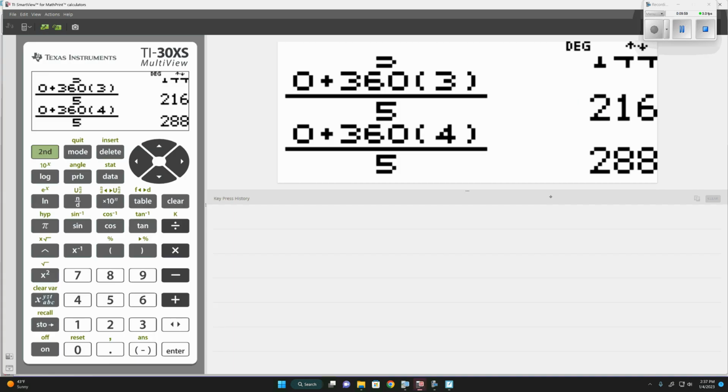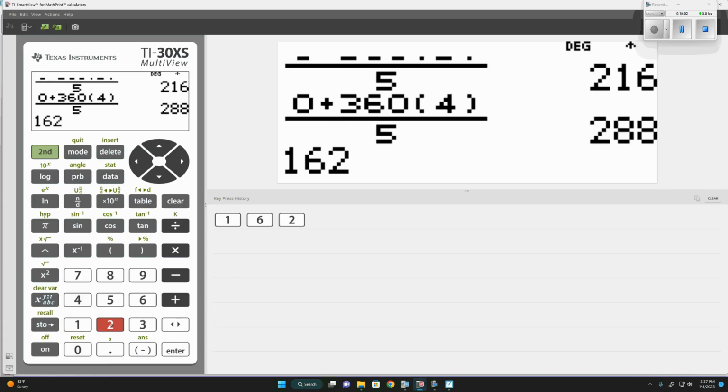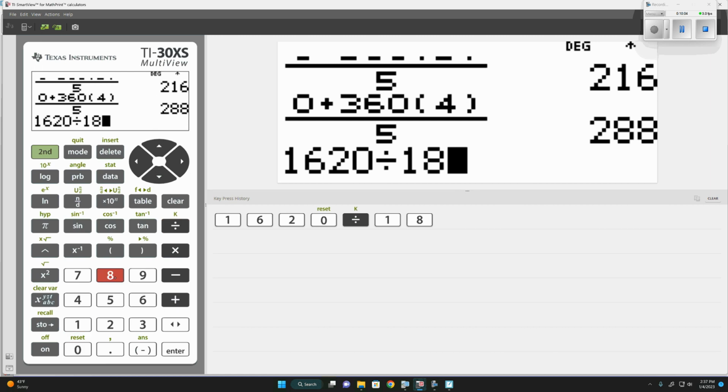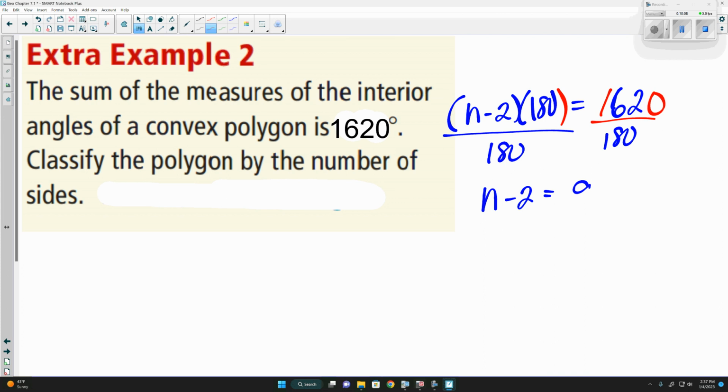So 1620 divided by 180 is 9. Add 2, so n is 11.